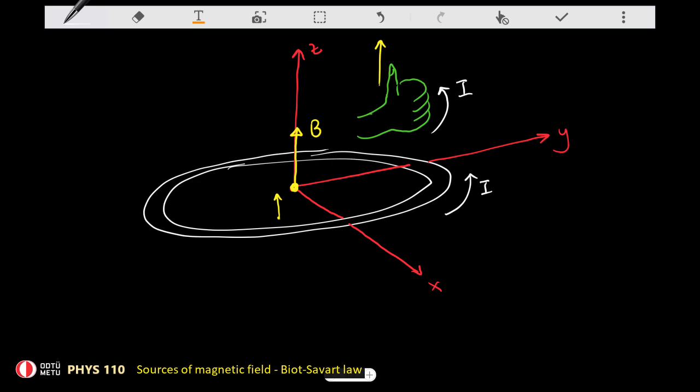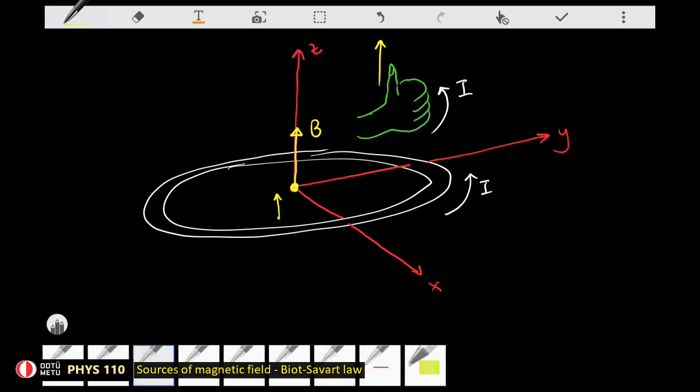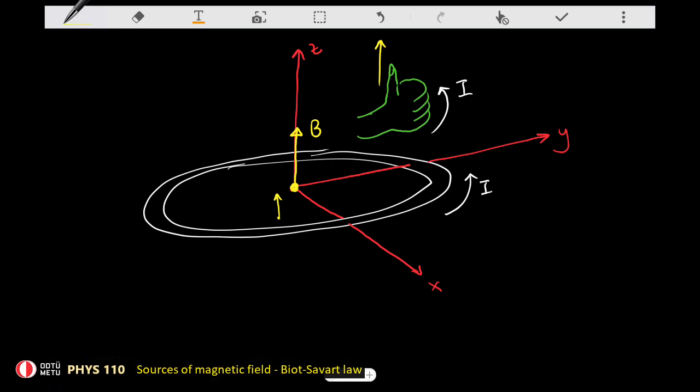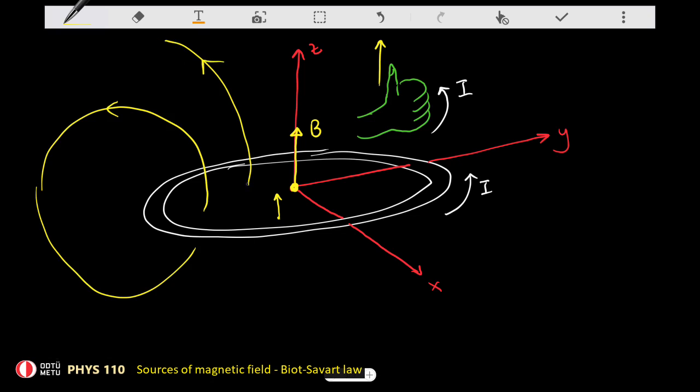And so as a result, by using either of these rules, you can easily see that the magnetic field lines in here basically are curves like that. They are not circular, of course, but they are curves that somehow cross this disk defined by that ring from inside, and they cross it along the positive z direction, right? They cross it like that along this direction, and then they go around.